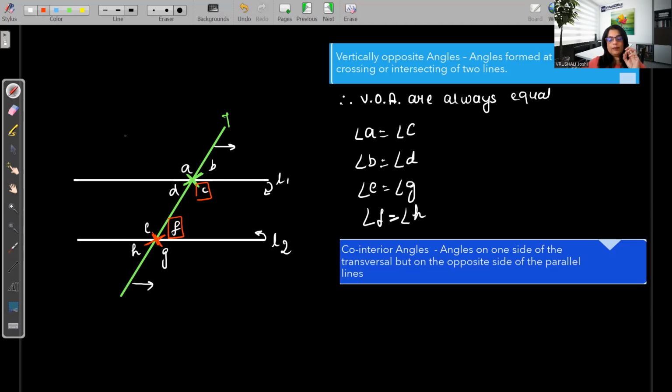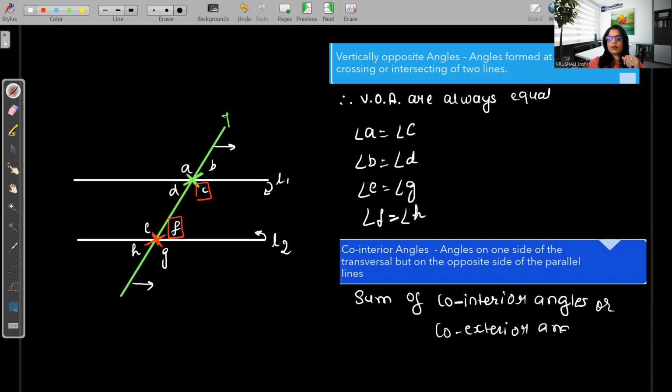What is their property? The sum of co-interior angles, or even co-exterior angles, we can say co-exterior angles, is always equal to 180.